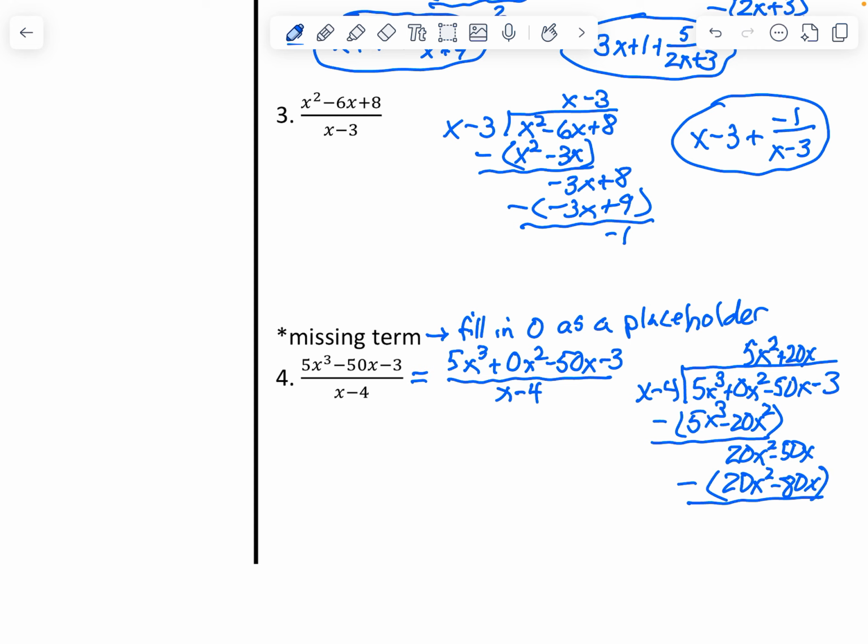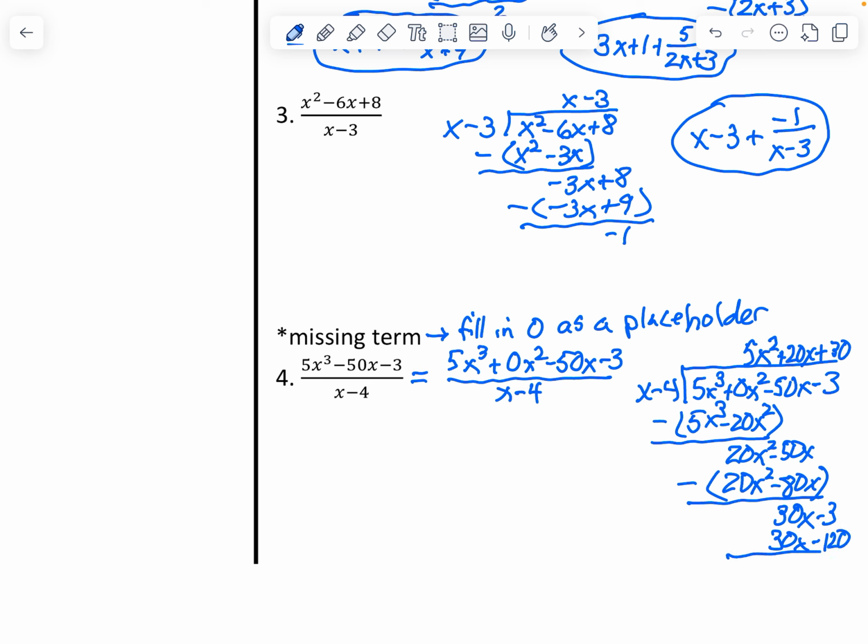So there's no more x squareds when we subtract. Negative 50x minus a negative is going to be a positive. So negative 50x plus 80x will be 30x. Bring it down to negative 3. X times 30 gives me the 30x. So 30 times x is 30x. 30 times negative 4 is negative 120.